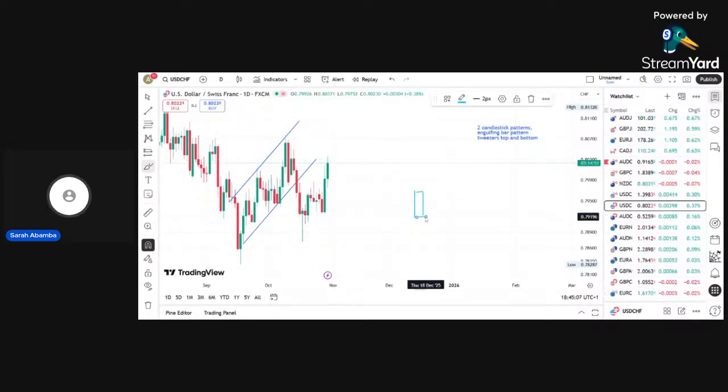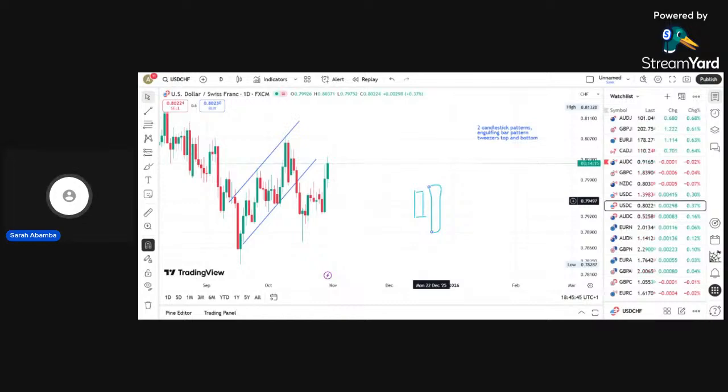So this will be our first candle. Then we have this, and this will be our second candle. It's called an engulfing. This first candle is small, the second candle is big and totally covers the first candle. This is why it is called an engulfing candlestick pattern, because the second candle is covering the first candle.